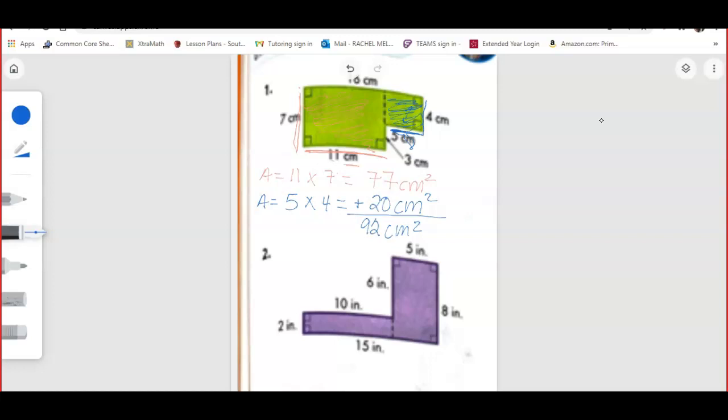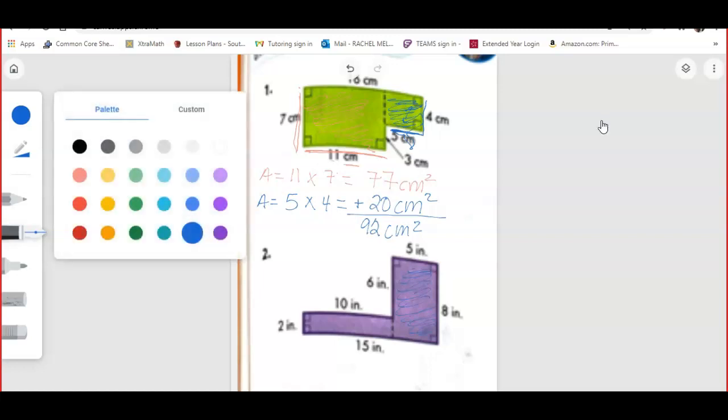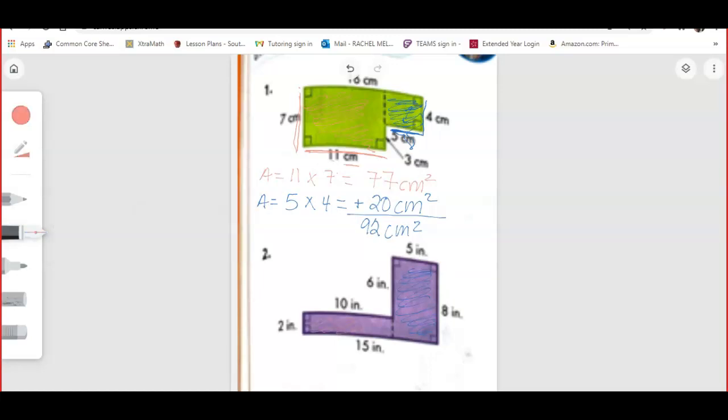And the last one on this video, we'll call this one the blue one, and this one the pink one. Looking at the pink, this 15 down here tells me that this whole piece right here is 15. But remember, right here is separating, and this side is pink, this side is blue.